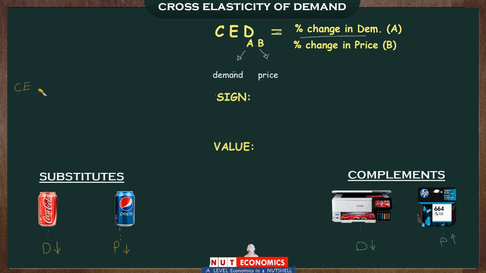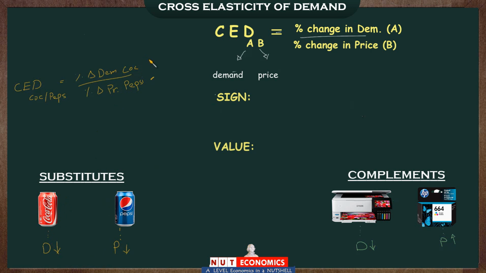So if you want to calculate the cross elasticity of demand between substitutes such as Coca-Cola and Pepsi, then if you apply the formula, since it's CED of Coke due to the changing price of Pepsi, you will divide the percentage change in the demand of Coke by the percentage change in the price of Pepsi. And since they are substitutes, when the price of Pepsi falls, as we have just discussed, that is a negative percentage change in the price of Pepsi, then as a result the demand of Coca-Cola will also fall.